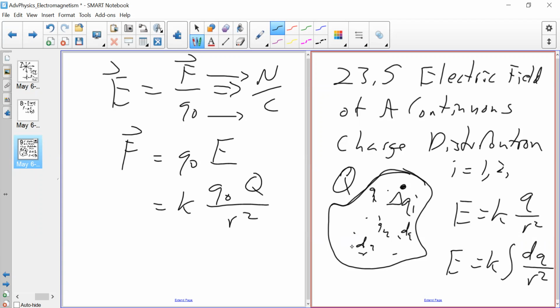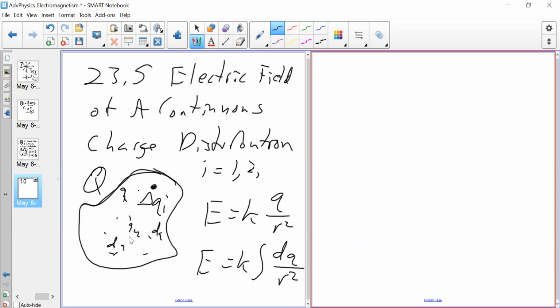So it's a continuous charge distribution, but what kind of distribution is it? The dq over an area, or two-dimensional, is different than three-dimensional, and also one-dimensional, which is a line. So we have to define different dqs for our different shapes. Basic idea.